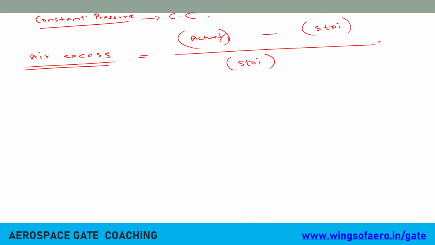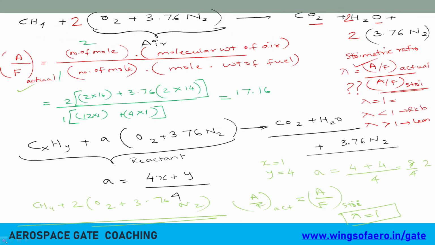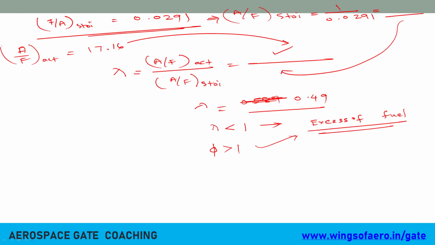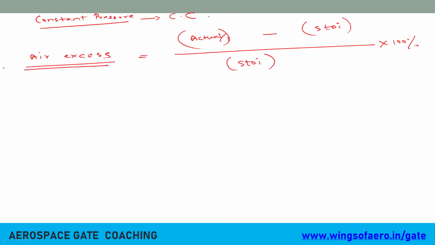If you do this, you will get the percentage of excess air. Now you can implement this for this particular problem. Here, when we are solving, both the actual and stoichiometric are the same. So is there any excess air?